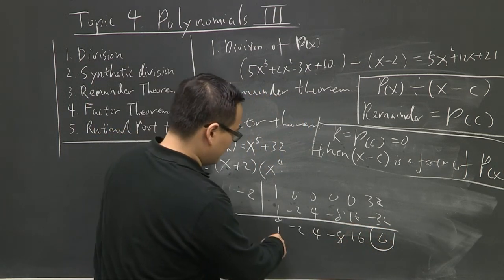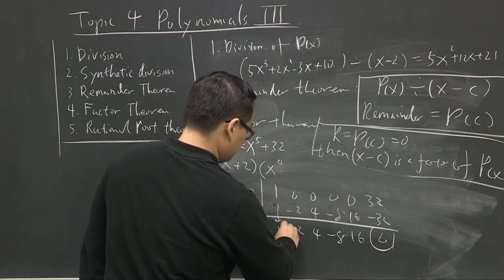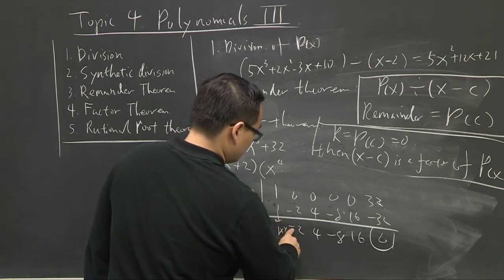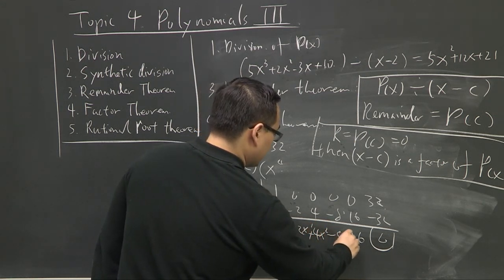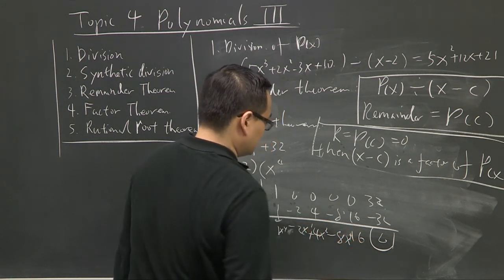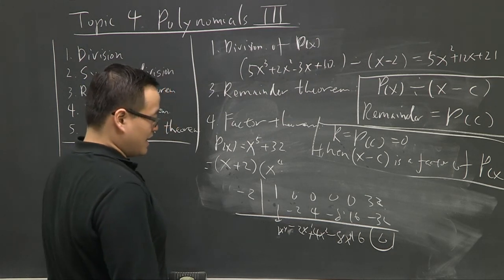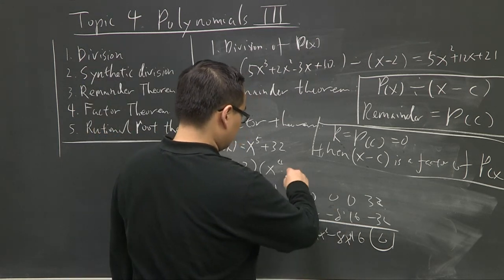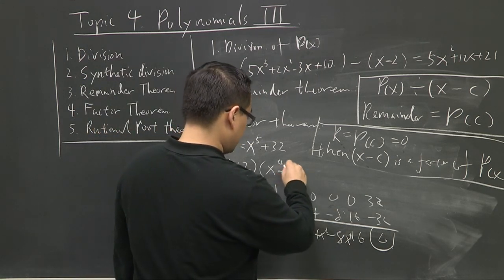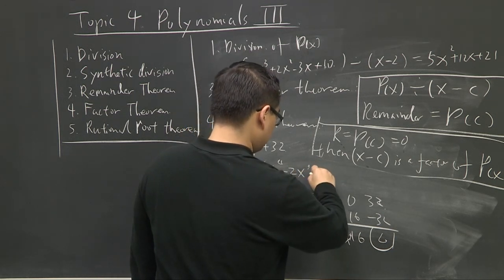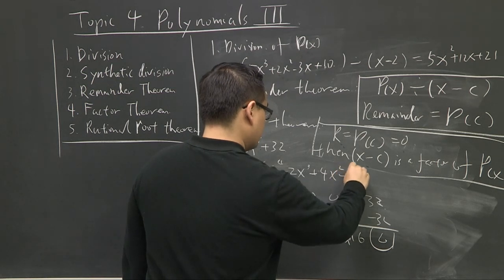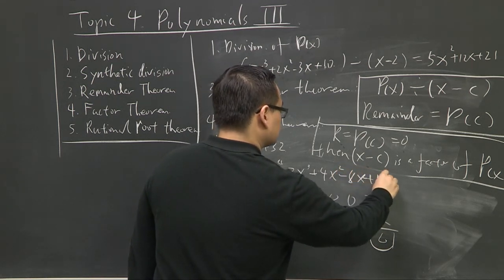So all this is x to the 4th minus 2x cubed plus 4x squared minus 8x plus 16, right? So let's write this out: x to the 4th minus 2x to the 3rd plus 4x squared minus 8x plus 16.